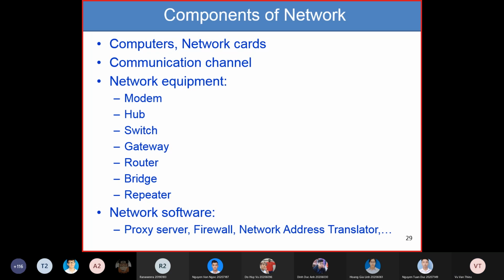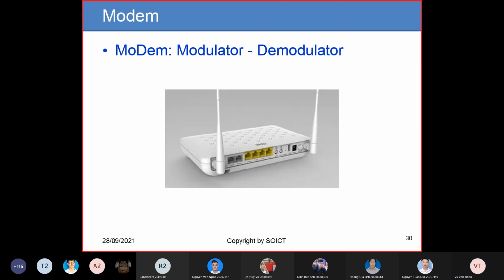Modem. Okay. A modem is an equipment to connect your equipment with the internet provider. It is able to connect your equipment, for example a computer, with the internet provider.